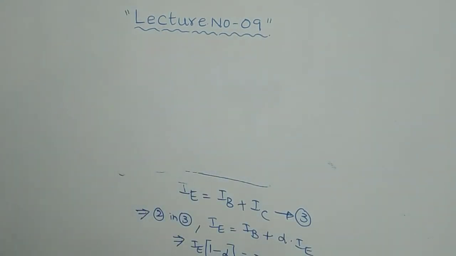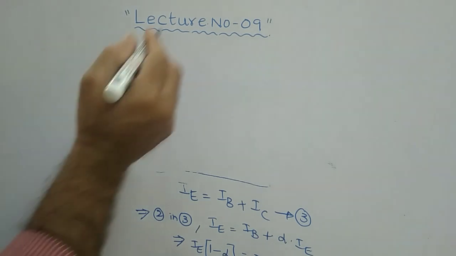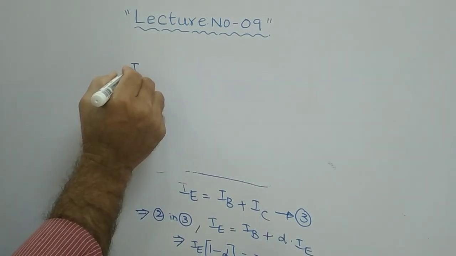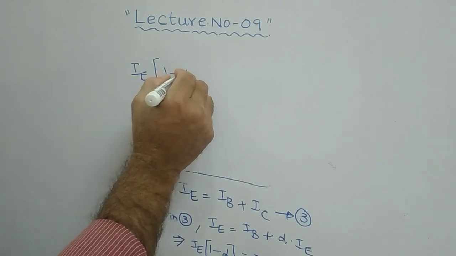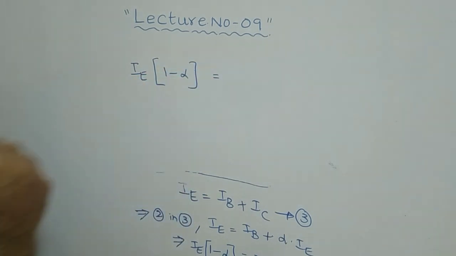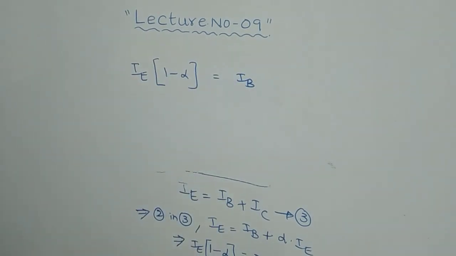From this, IE, if you take IE as common, IE is equal to 1 minus alpha, is equal to IB actually.